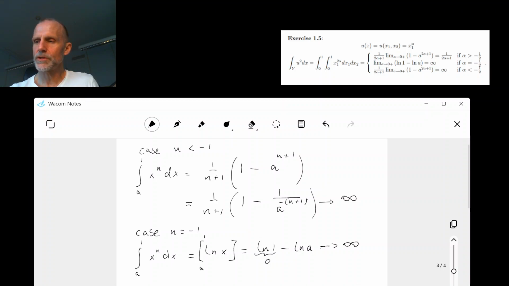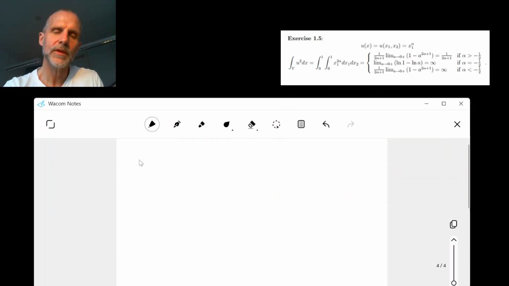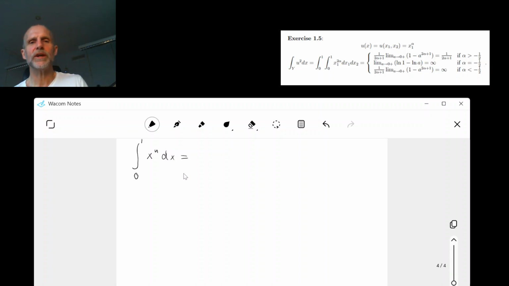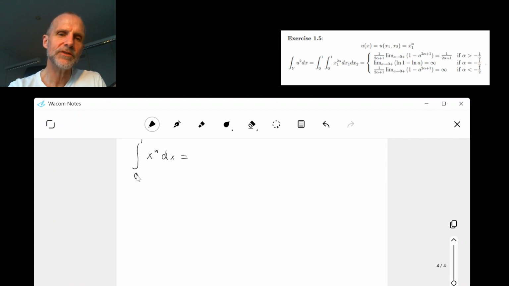So let me just now recall. We have the following situation. The integral of x to the power of n from 0 to 1. We agreed on that this is just the limit when a goes to 0, is just equal to, we had 3 different cases.